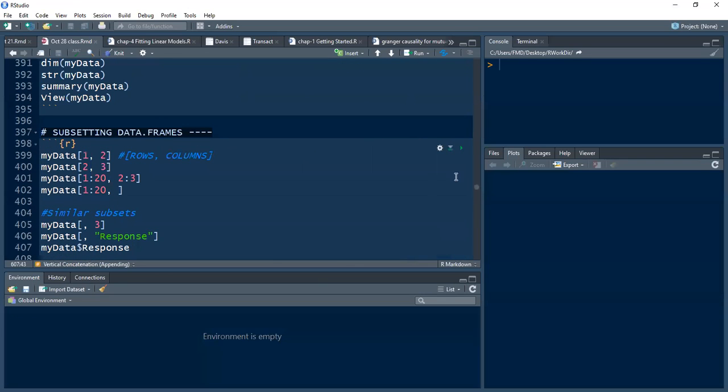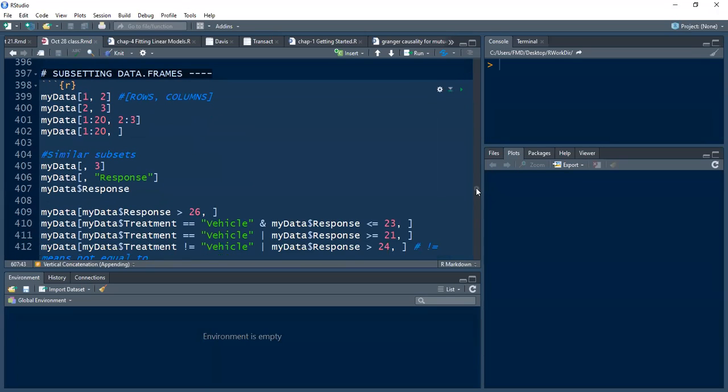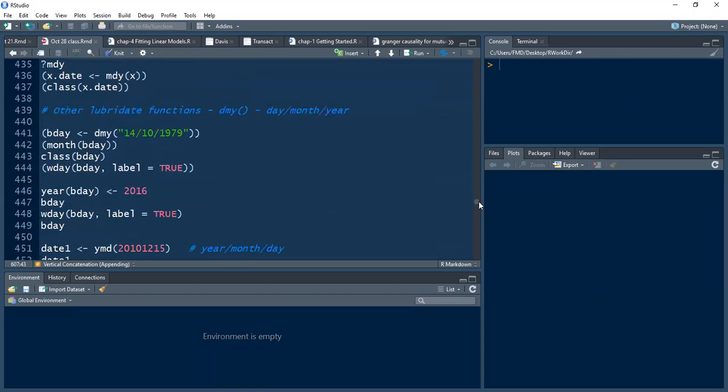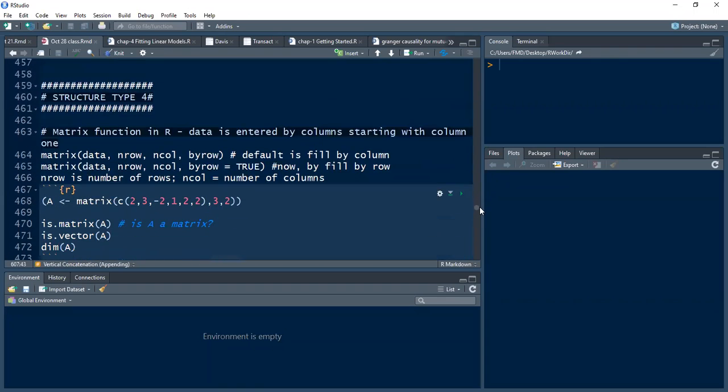Data frames are multi-dimensional. You can have X number of rows and X number of columns, and it can take on different data types. So when we go back to when we start with ggplot2, we're going to make use of data frames. And then we also have the data structure, matrices. So we're going to look at this now.